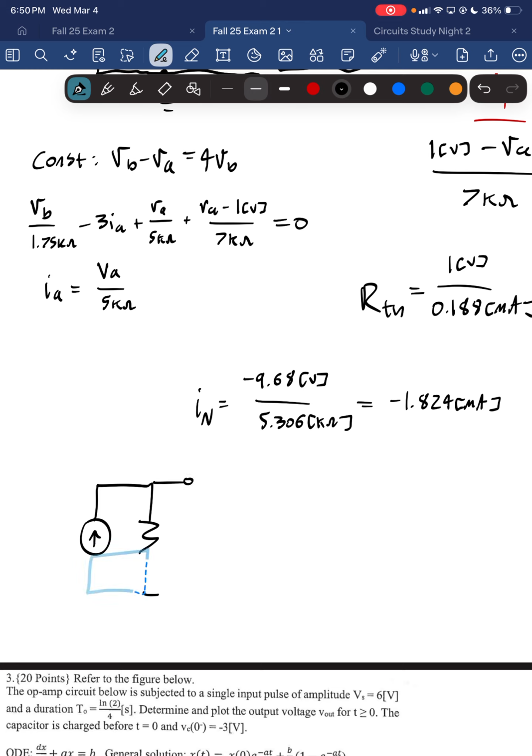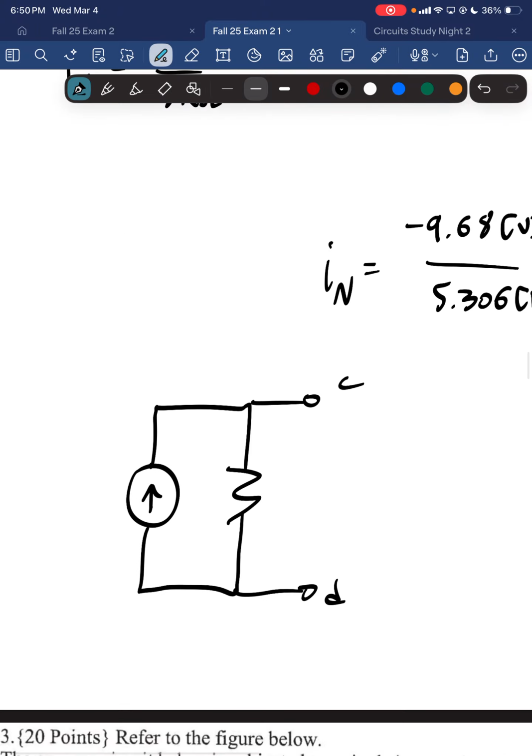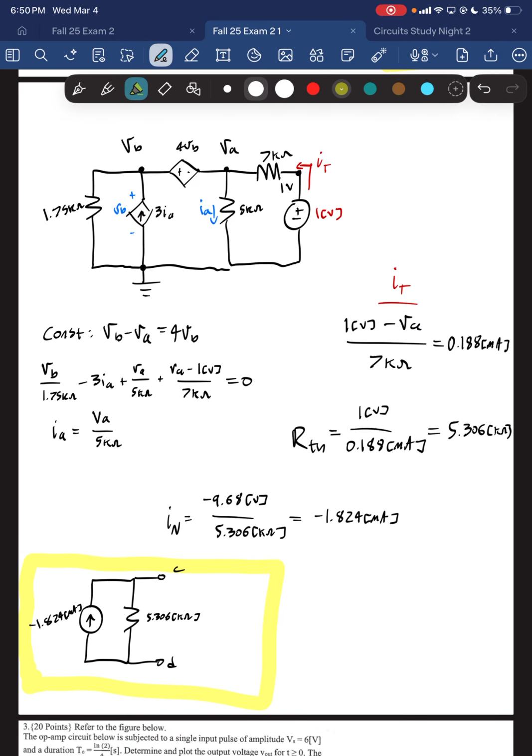And we have two terminals that I'm going to name arbitrarily as C and D because we already have A and B. And then we're just going to write our values. Negative 1.824 milliamps and 5.306 kiloohms. And that's your answer.